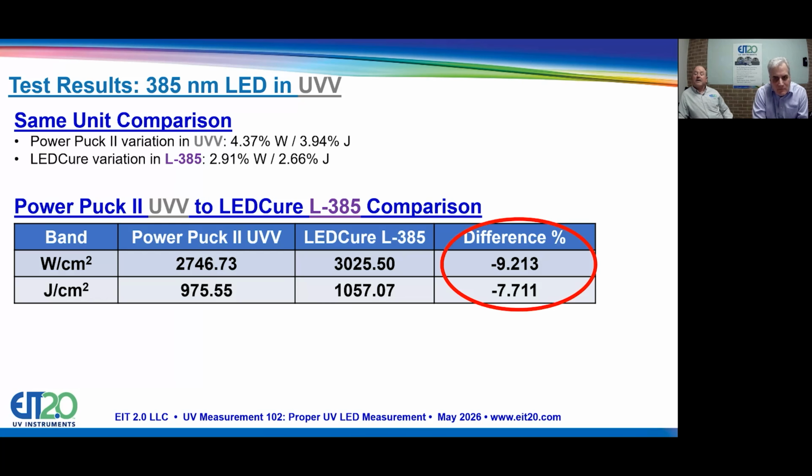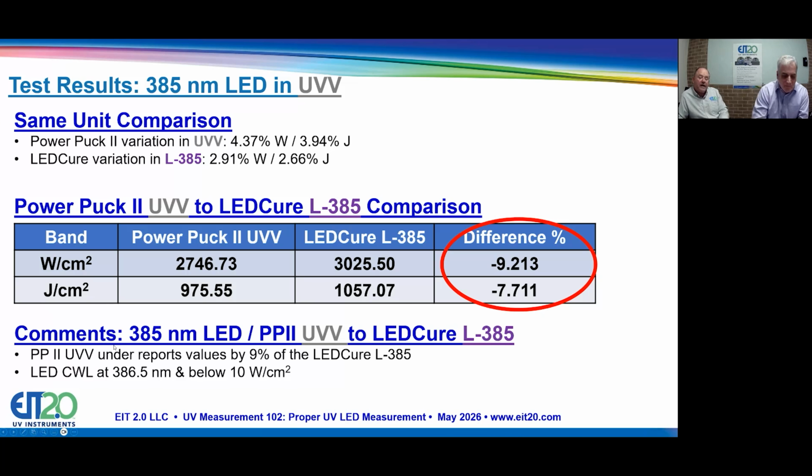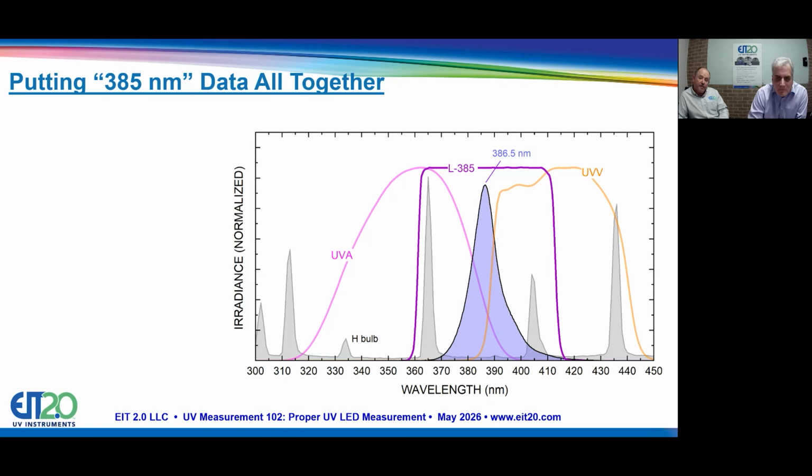It was okay here, but the thing to keep in mind is that the V band could have slightly different shapes that don't impact a mercury or broadband measurement, but can impact greatly with the 385. Again, we're underreporting here with the power puck what that 385 LED is.